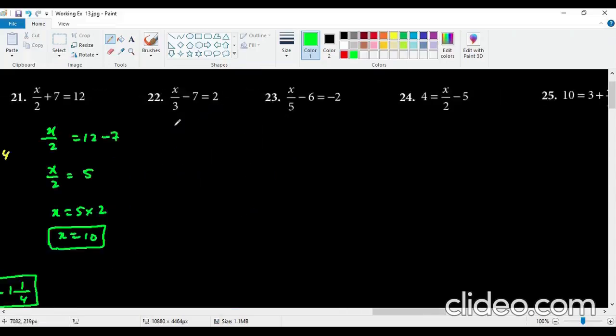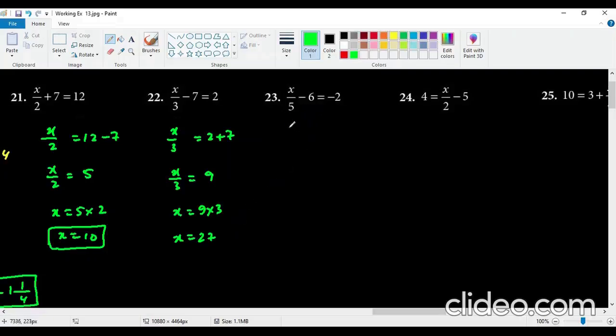When it comes to question number 22, first step is to write x over 3 as it is, and 2 plus 7, since minus 7 will go to the other side, it becomes a plus 7. So this is something very important to remember. x over 3 equals 9, and this 3 is dividing x, so on the other side it will go and multiply by 9 to make it 27, which is your correct answer.